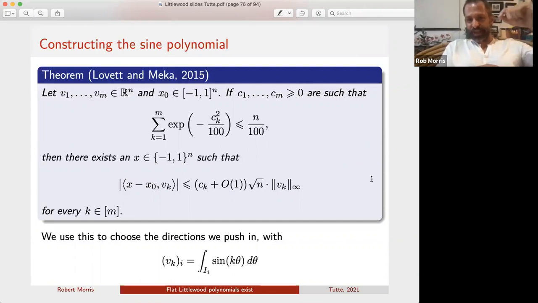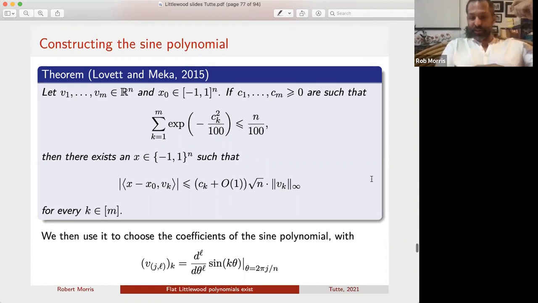That gives us a bunch of vectors. If you just apply this theorem to that set of vectors, it tells you which direction to push in. And then, once you know which direction to push in, the theorem tells you what all of the epsilon k should be by applying it to this more complicated vector.